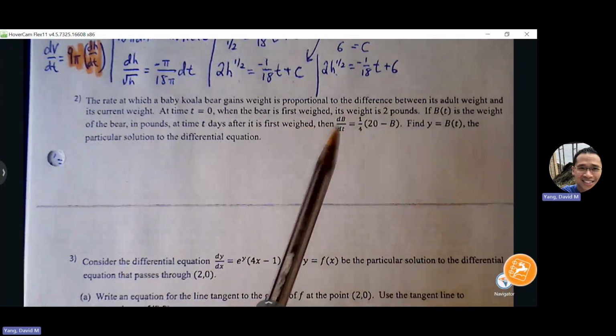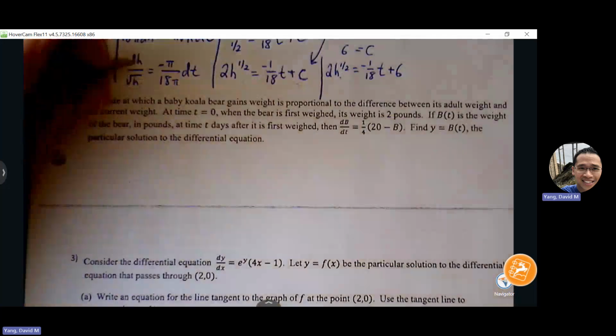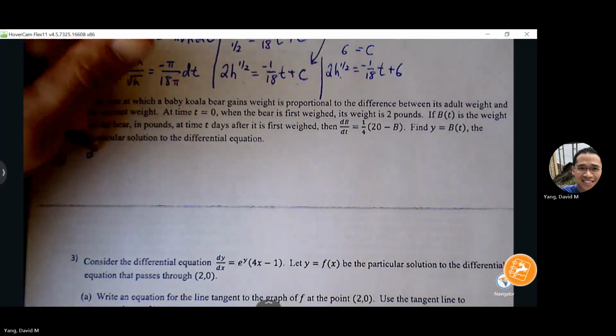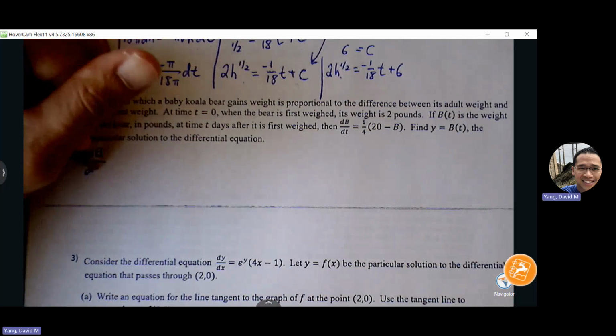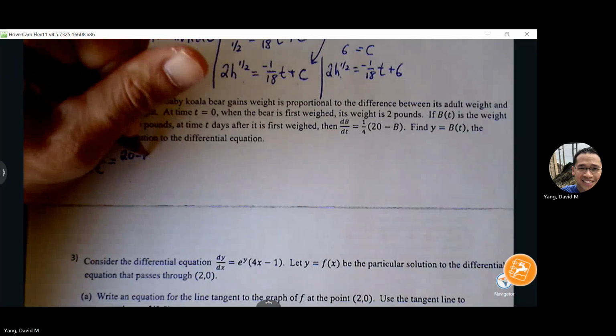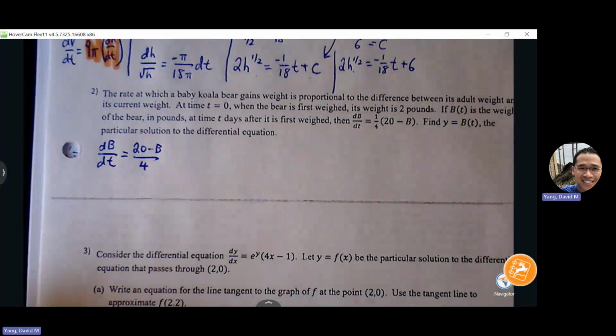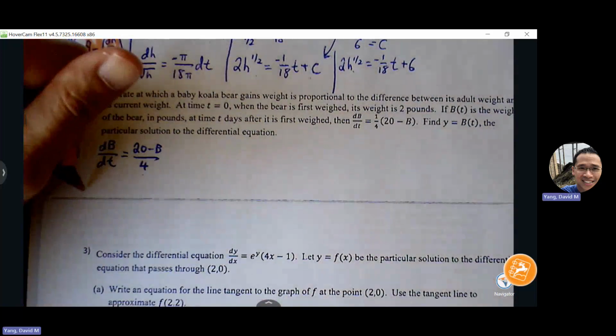So we're going to separate the variables just like before. In this case, instead of h, it's b, and then time is still our independent variable, right? So we'll just spend the time to separate our variables. I like to cross multiply to get my dB and dt in their right places.